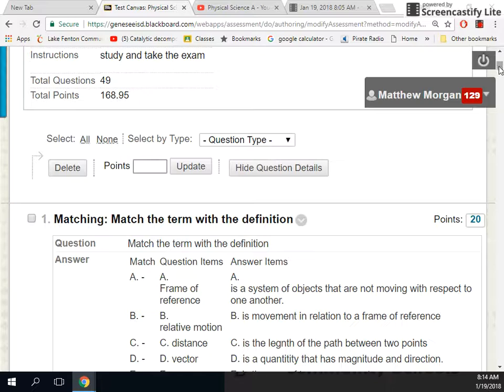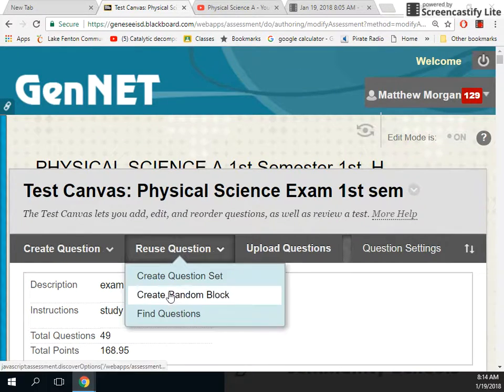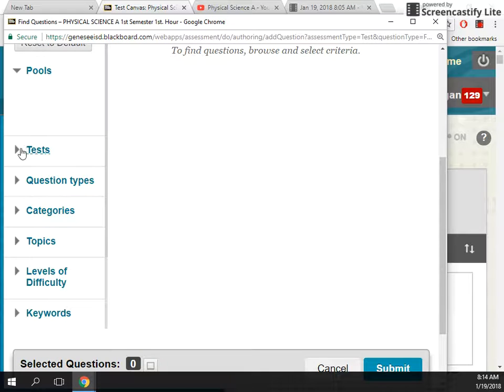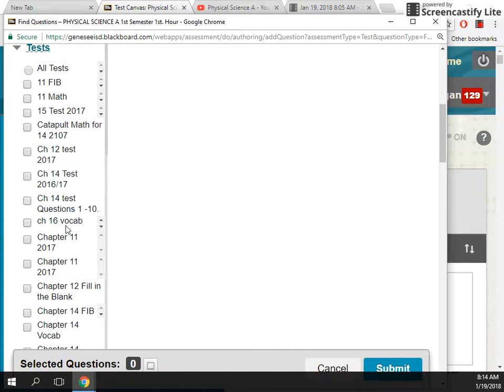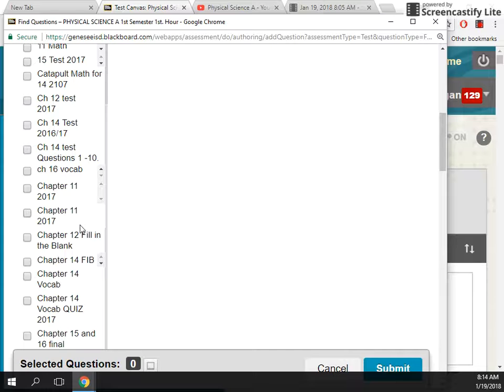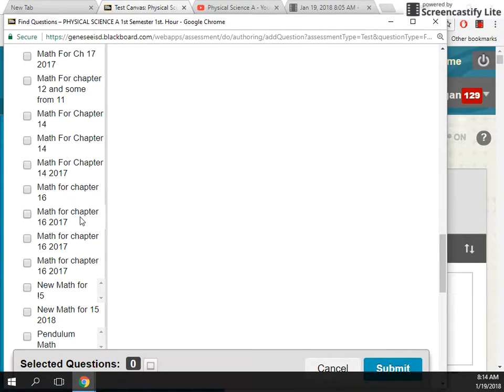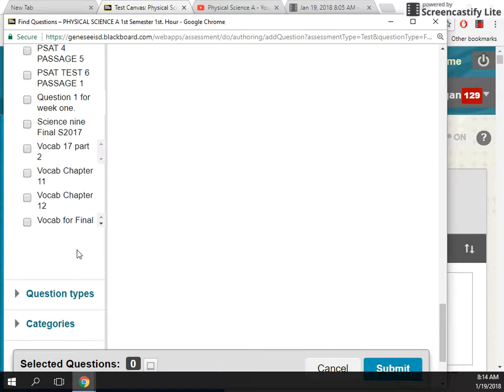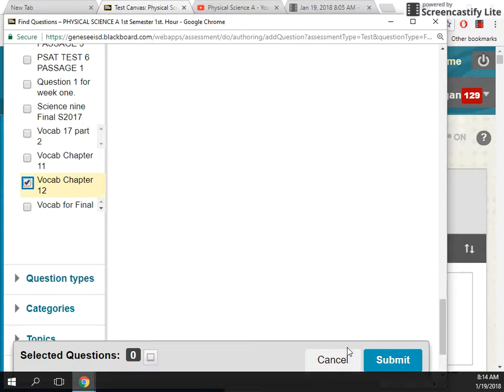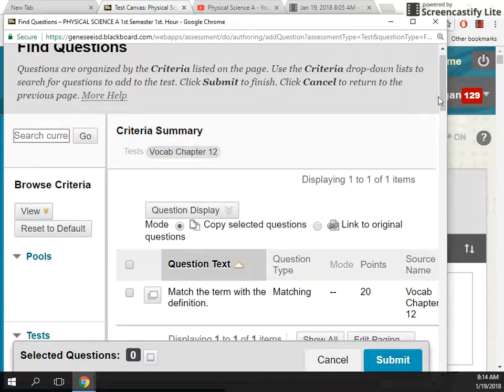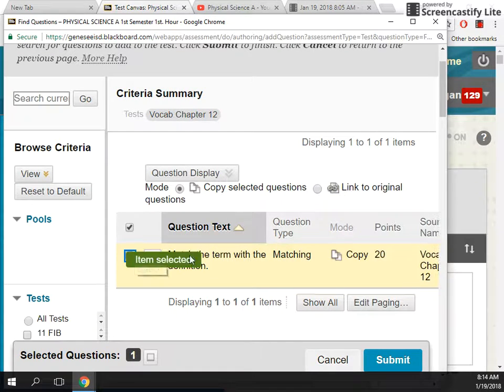The first thing that we're going to probably do is chapter 12 vocab. And so that will be this. We're going to look at this because chapter 12 vocab is pretty small.